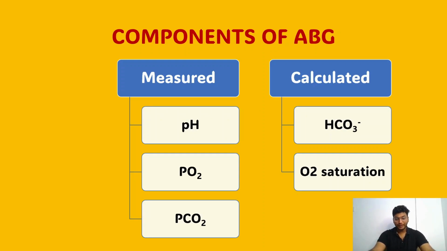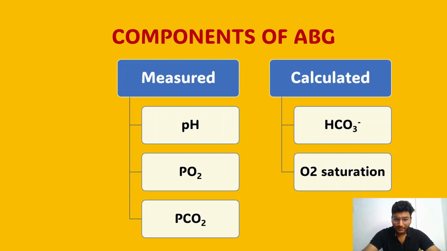Remember that bicarbonate and saturation are calculated values, derived from the measured values of pH, PO2, and PCO2, right? If you look at your ABGs, you can see there is a small c in front of the bicarbonate, cHCO3 and cSaO2. These are the calculated values, and all others are the measured values.